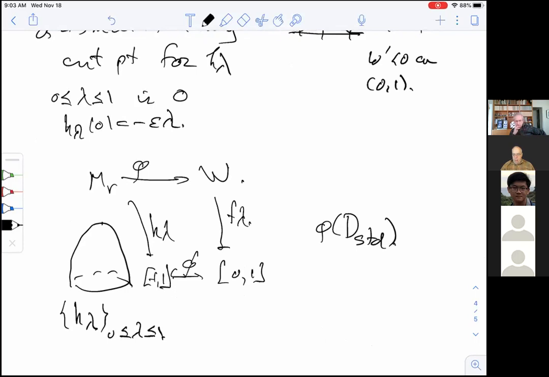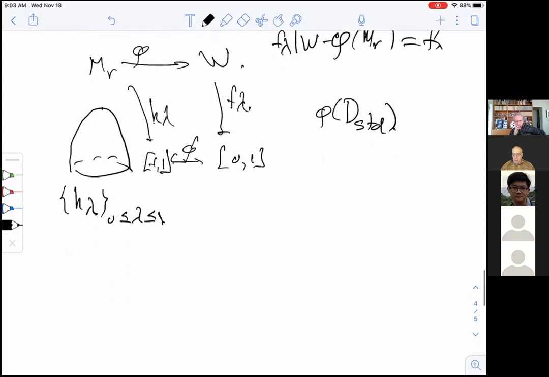So these functions F lambda, when you restrict them to the image of the model, you get exactly this path H lambda, and outside, F lambda restricted to W minus phi of MR is F. It's a constant path outside.